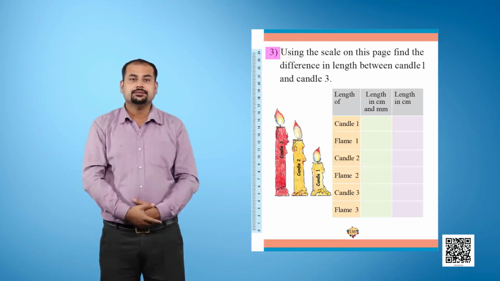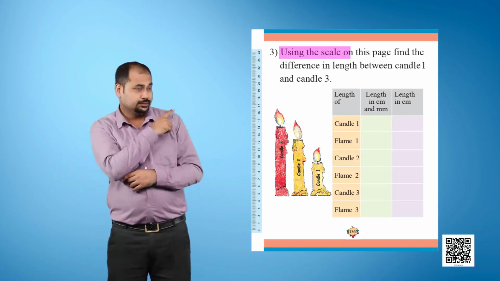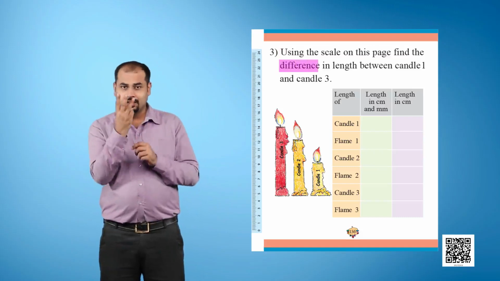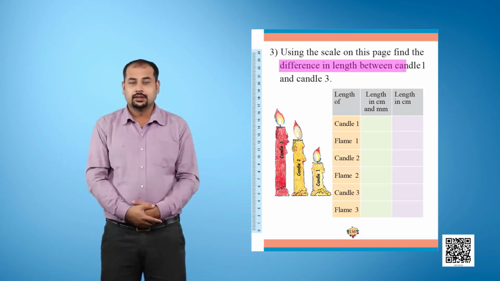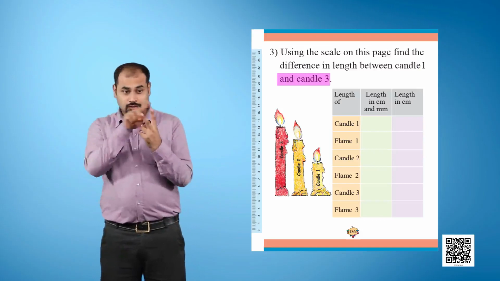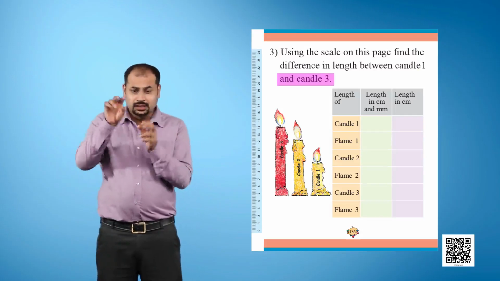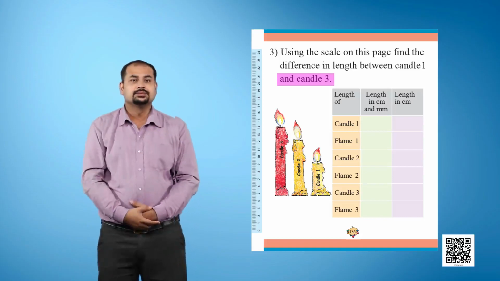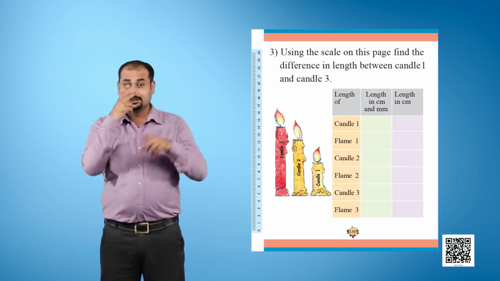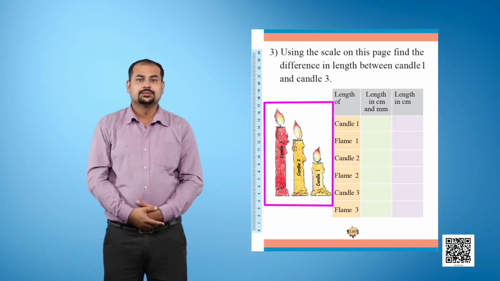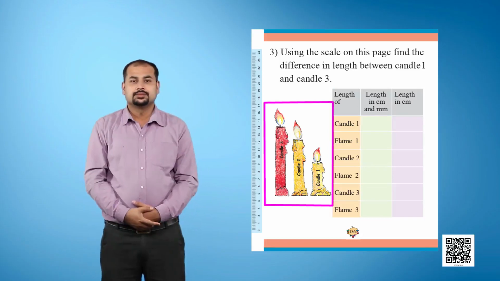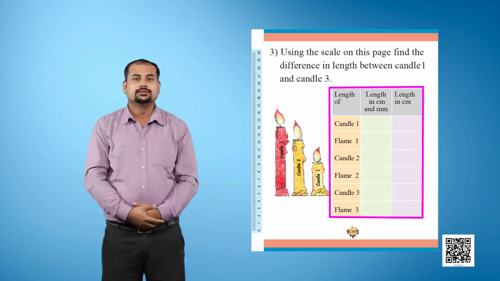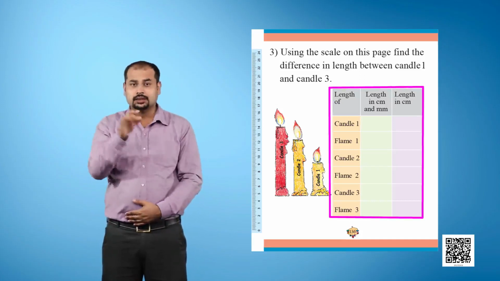3. Using the scale on this page, find the difference in length between candle 1 and candle 3. On the left side of the page, we can see 3 candles of different sizes. There is a table of 3 columns and 6 rows.